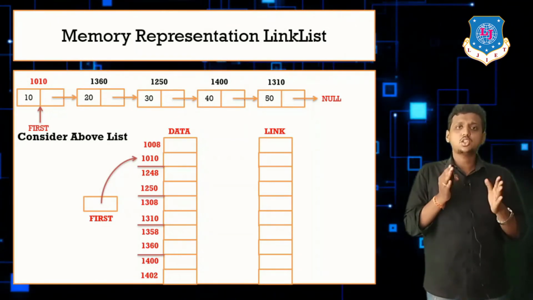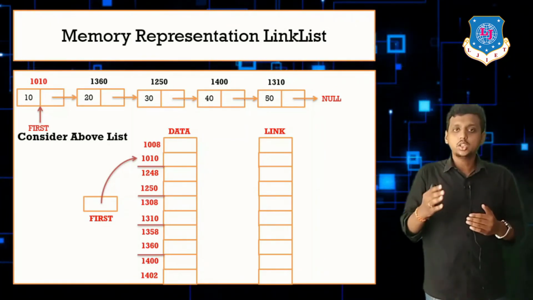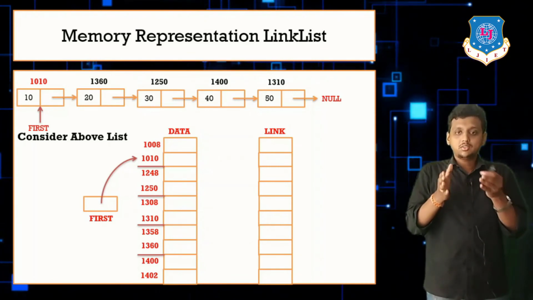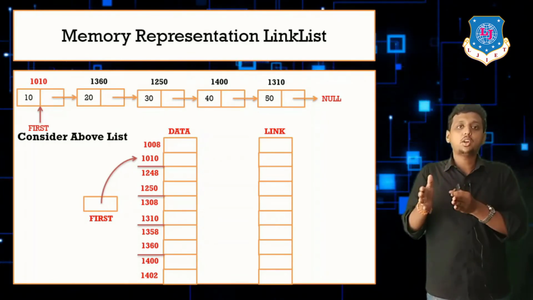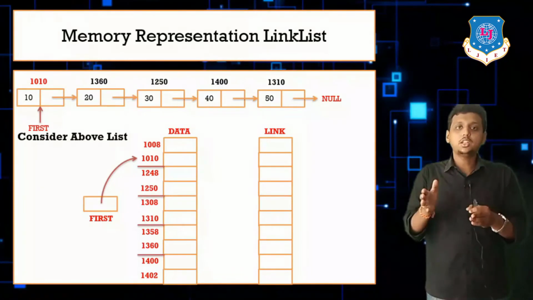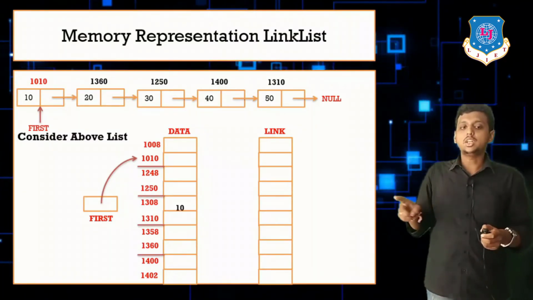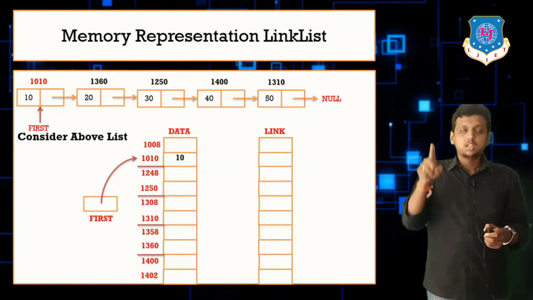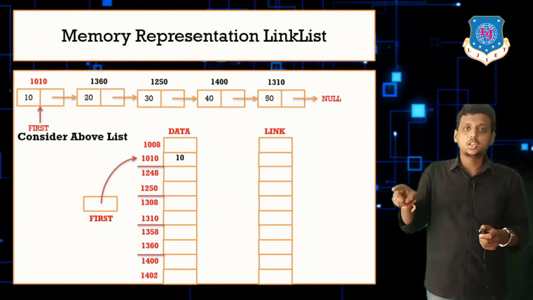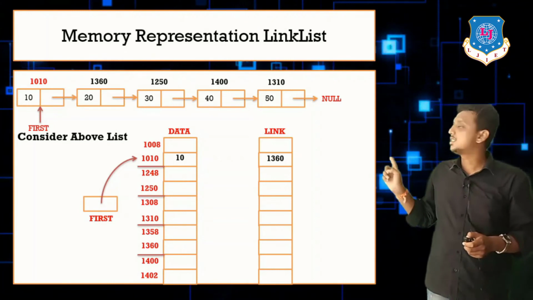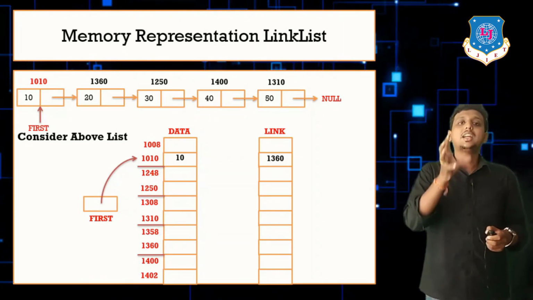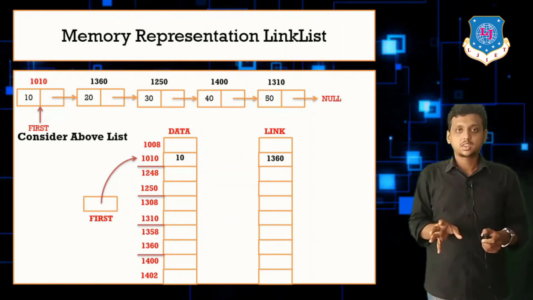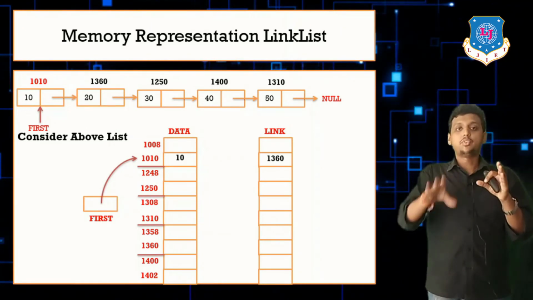See, the first node is going to point to the next node. Can you tell me what we mean by the node? In the node we have data and the pointer. So students, you just need to take the 10 and then take the same memory address in the same direction. So it is 1360. Now your link array is going to be used. We have data, we have link.